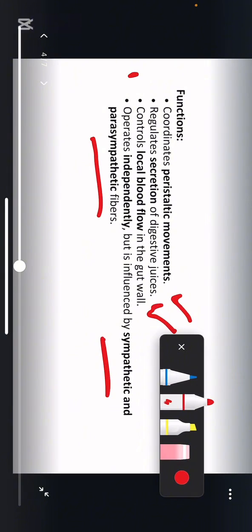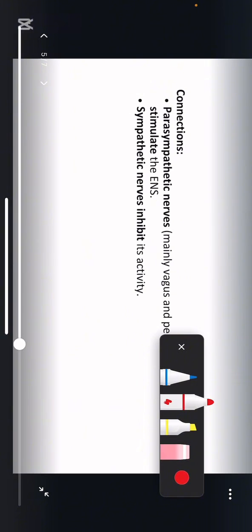So its function is peristaltic movement, secretion of digestive juices, local blood flow, and it is influenced by sympathetic and parasympathetic fibers.